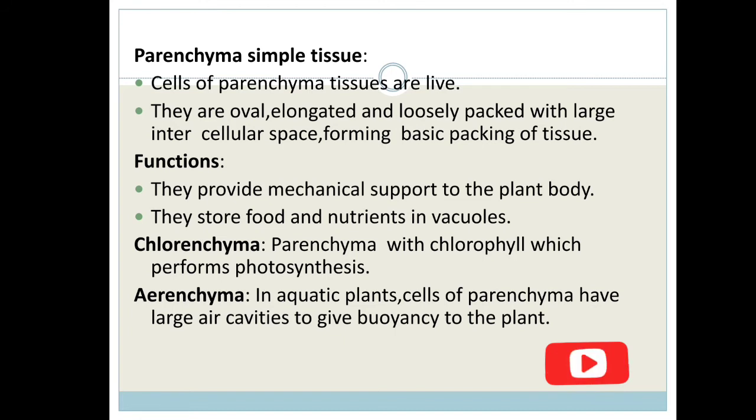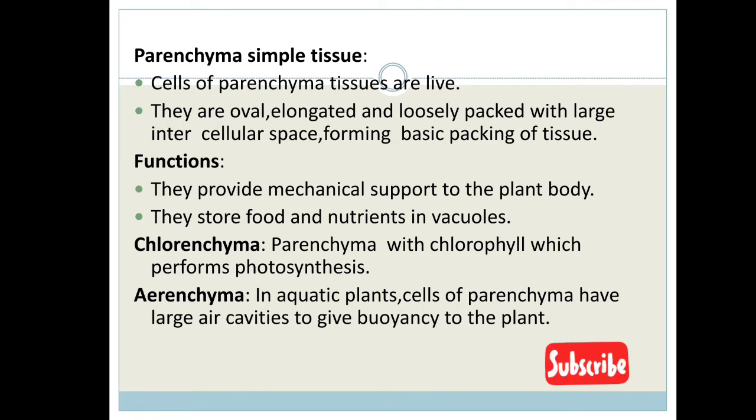So this parenchyma simple tissue, the main function is that they provide the mechanical support to the plant body, and also they store the food and nutrients in their vacuoles.